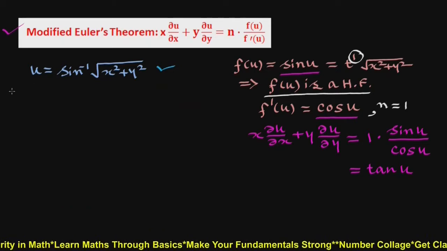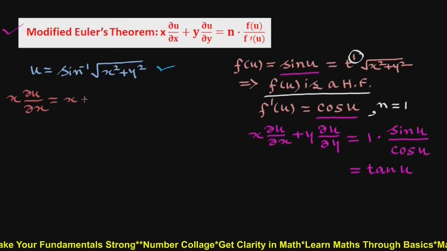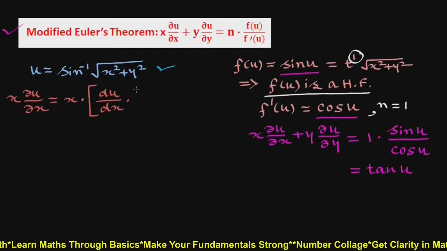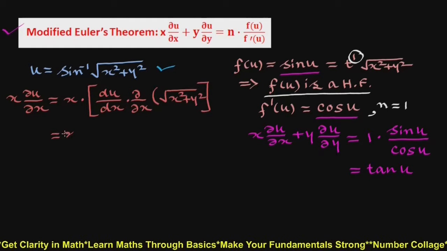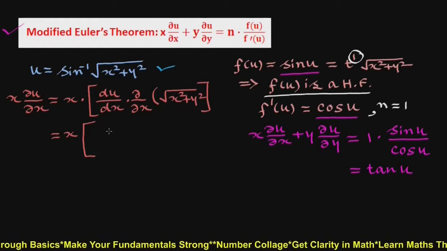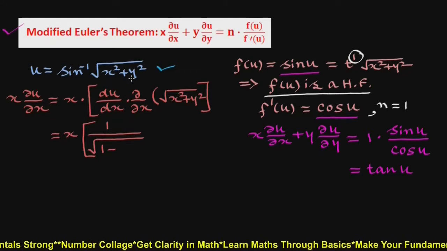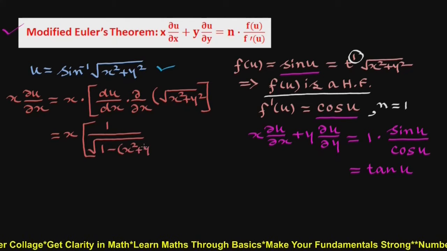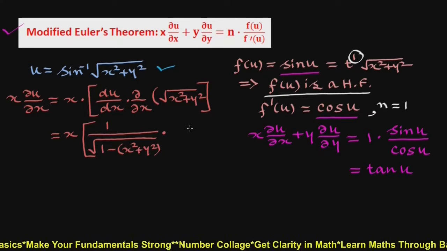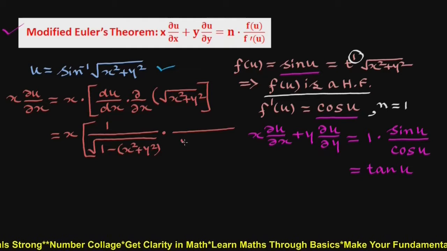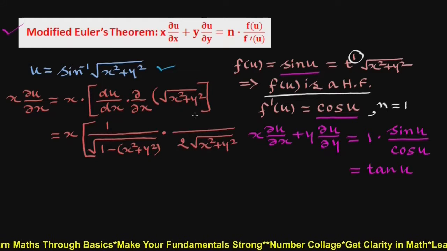Now for verification, we will find x ∂u/∂x, which will be x times du/dx into ∂/∂x of the square root of x² + y², which is x times du/dx will be 1 upon the square root of 1 minus the square of the square root of x² + y², that is 1 − (x² + y²), into the partial derivative of the square root of x² + y² with respect to x, 1 upon 2 square root of x² + y² into the derivative of x², 2x.